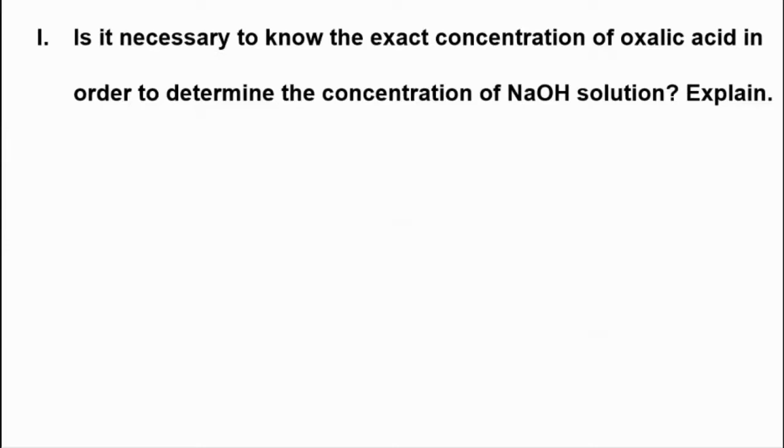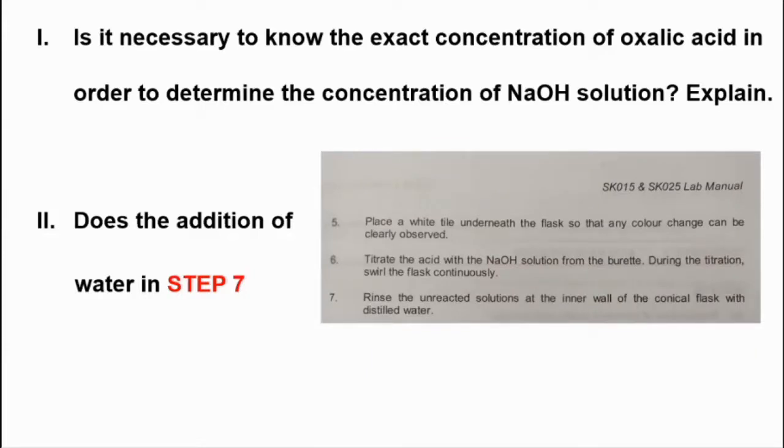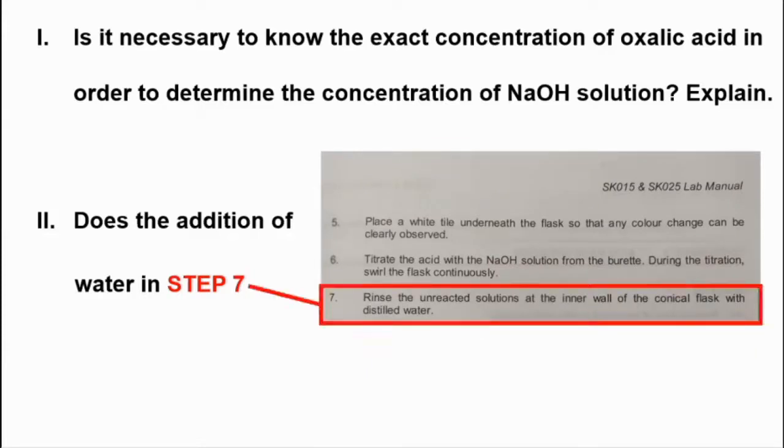The second question is, does the addition of water in step 7 affect the result? For those who are wondering what step 7 is, if you look in the manual, this is your step 7: rinse the unreacted solutions at the inner wall of the conical flask with distilled water.